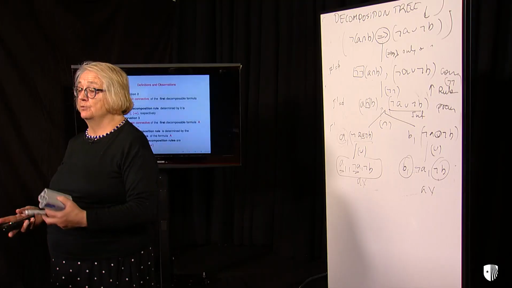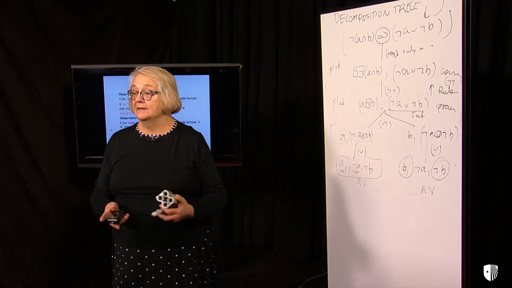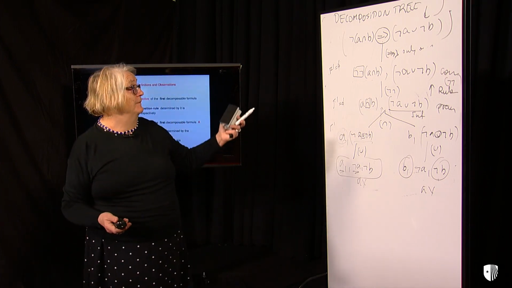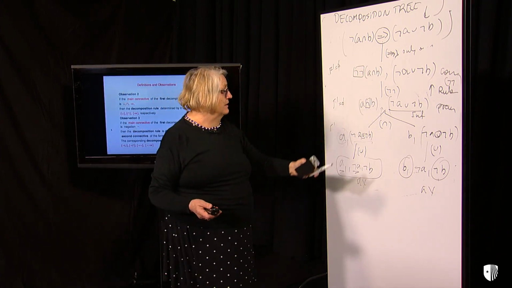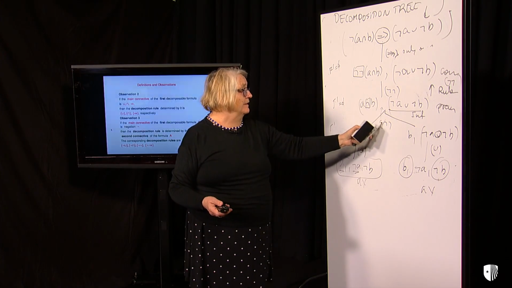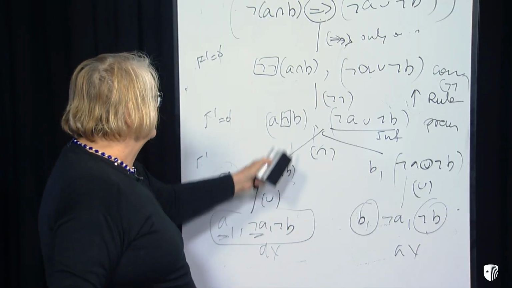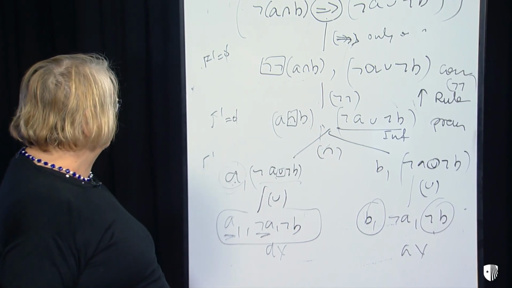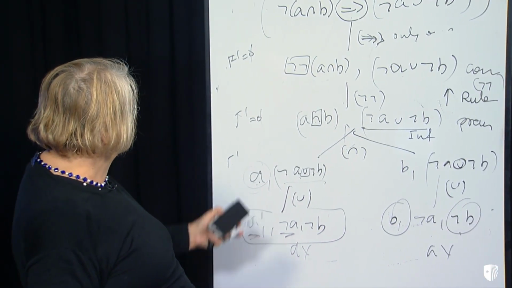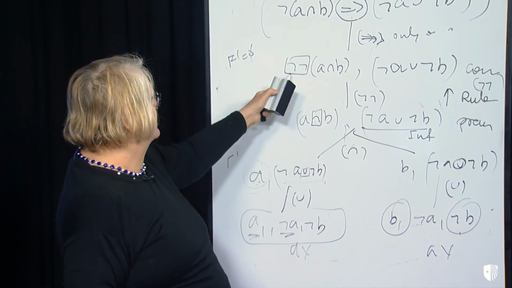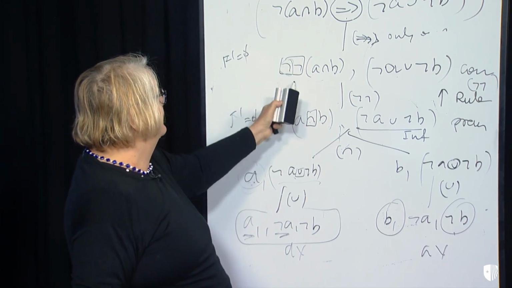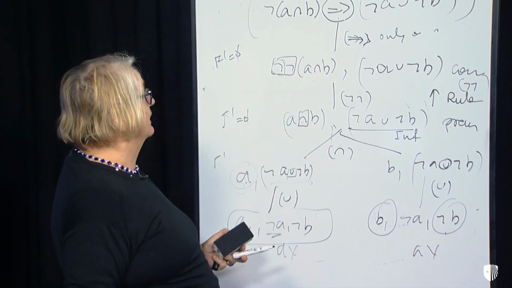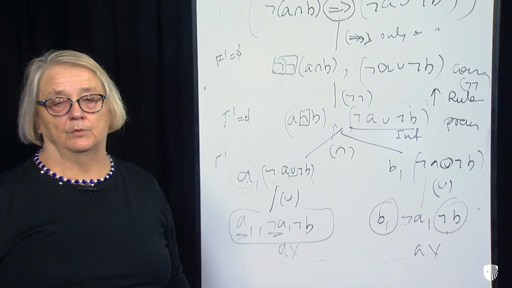And if the main connective of the first decomposable formula is without negation, like here, you just build the tree, as it says, putting the premises below. And if the first is a double negation connective, you look at the second connective and you apply the formula.